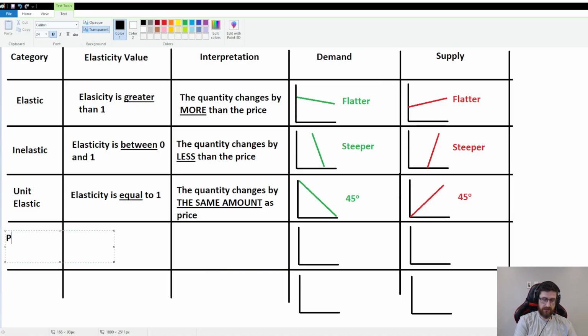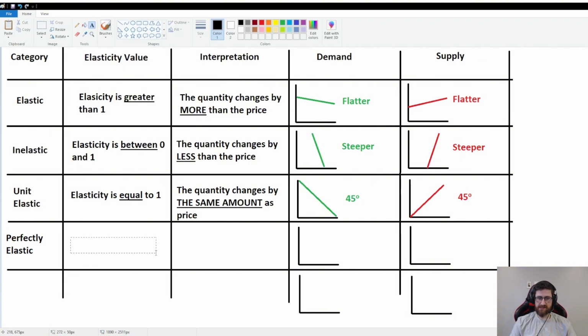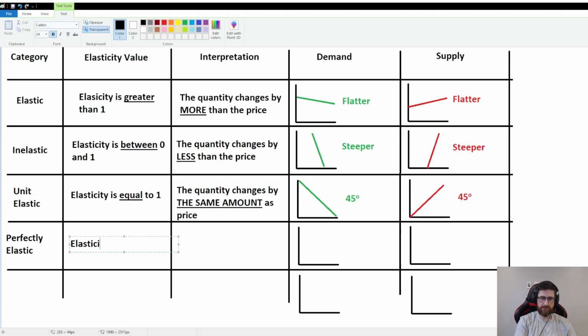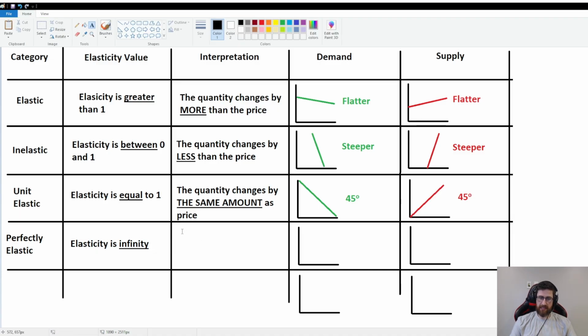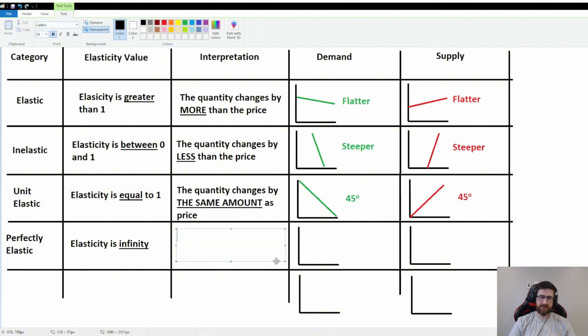The first one is perfectly elastic, right? And this is where elasticity is infinity. Okay? It's a very strange concept. And it's arguable whether certain things actually fall into this category.